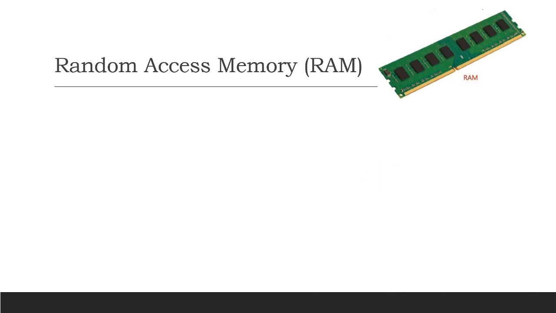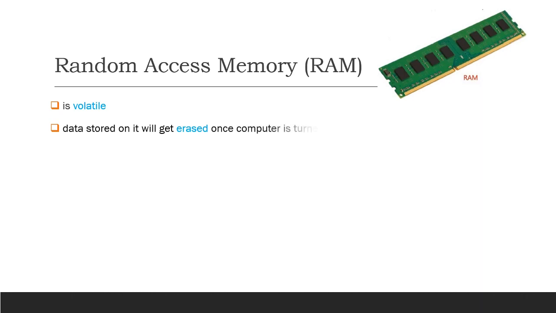Now we will see the random access memory in detail. A random access memory is volatile in nature. What do you mean by volatile? Volatile means the data stored in it will get erased once the computer is turned off.